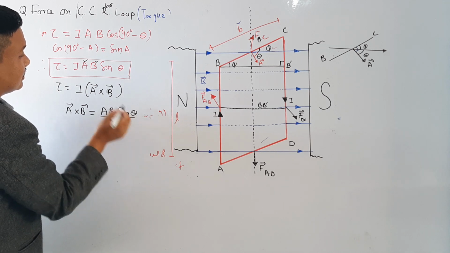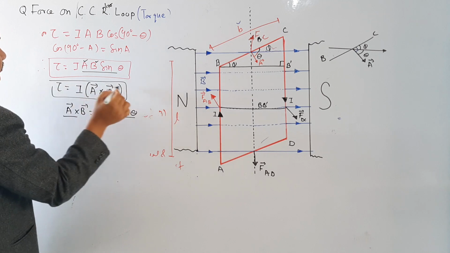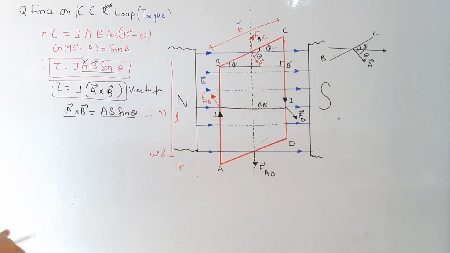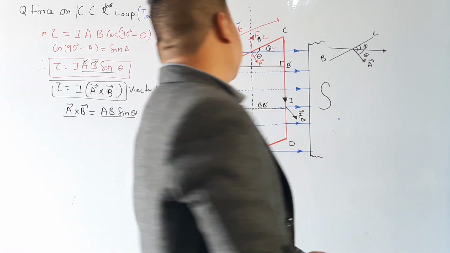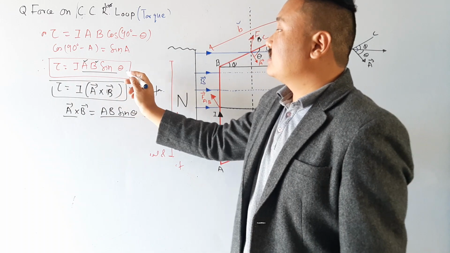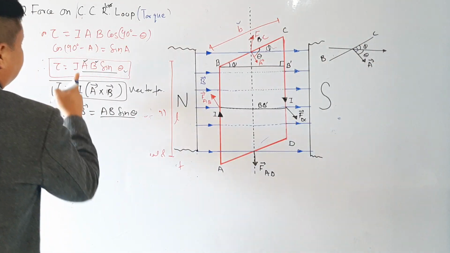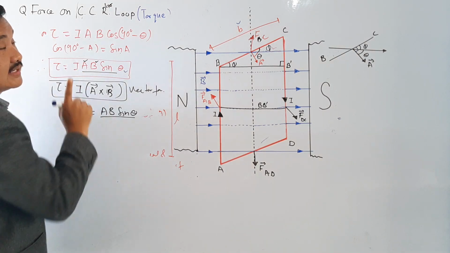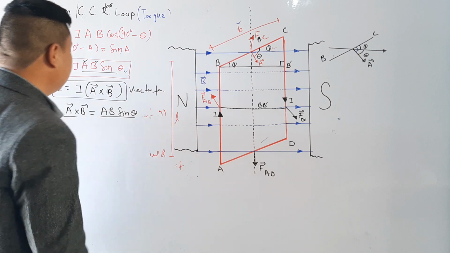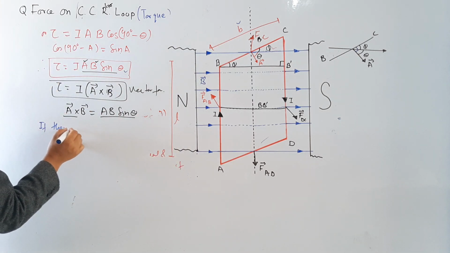So this is in vector form. So now the net torque is tau equals IAB sine of theta. What you have to remember is that A is the area of this rectangular loop and B is the magnetic field.